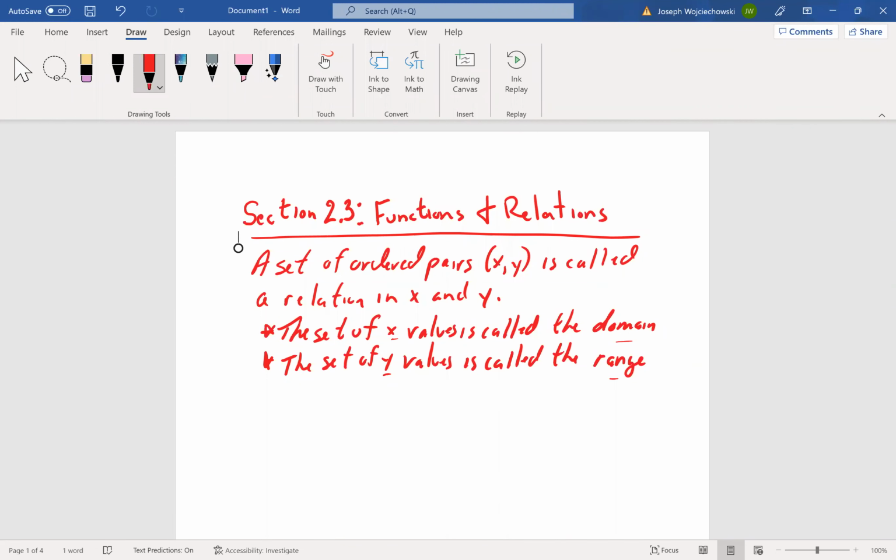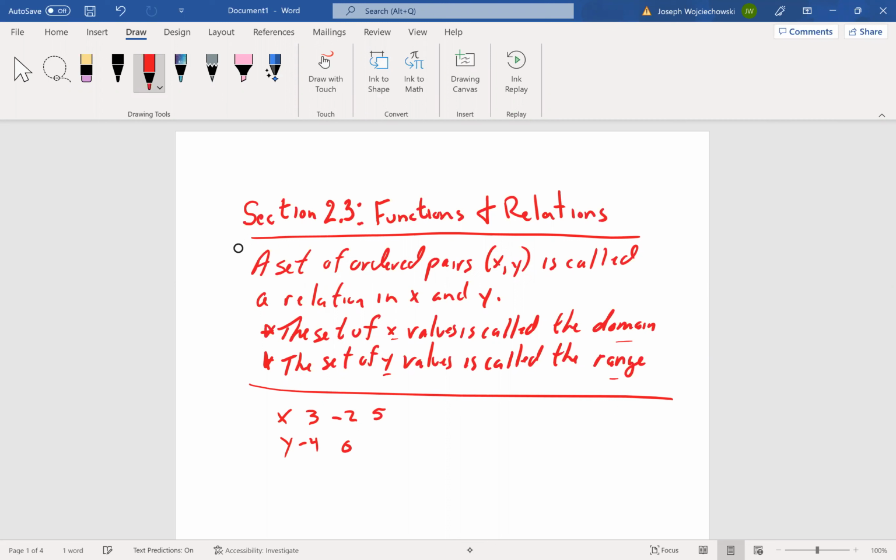Okay, so we can look at a function here, or not a function, a relation here. We'll have X and Y values. X is 3, Y is -4. X is -2, Y is 0.